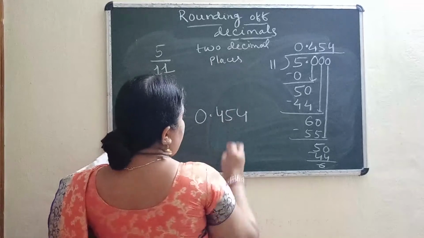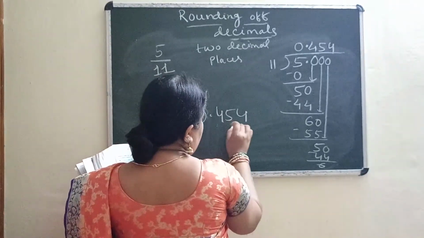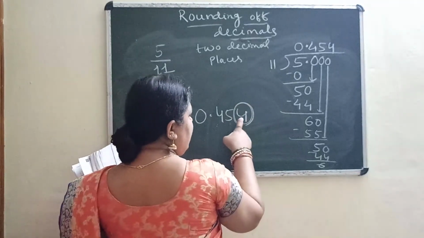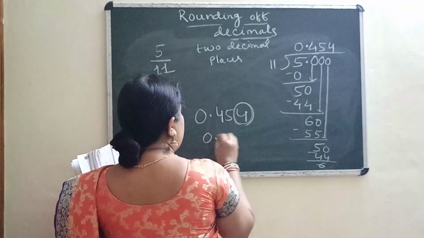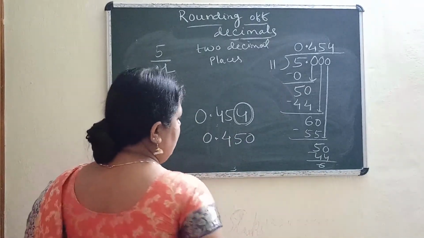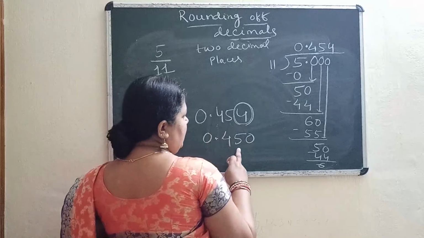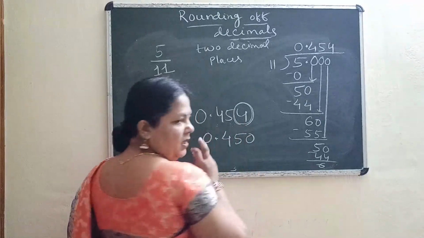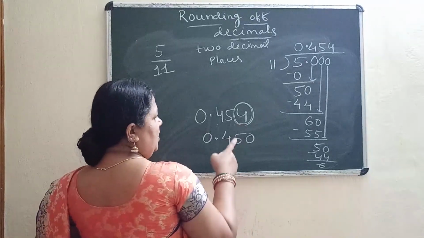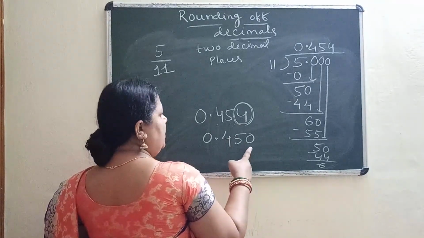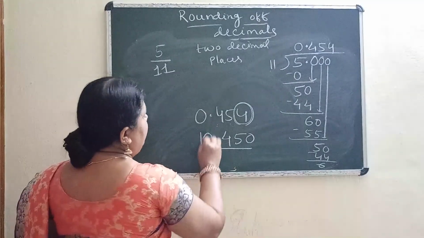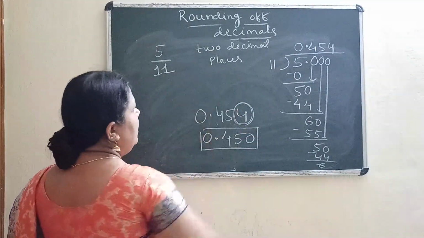Correct to 2 decimal places means you check this place. If it is less than 5, then the answer will be 0.450. The remaining places will be as they are and this place will be replaced with 0. If this place is 5 or more than 5, then you add 1 here, and the rest of the places will be 0. So this is your answer after correcting to 2 decimal places.